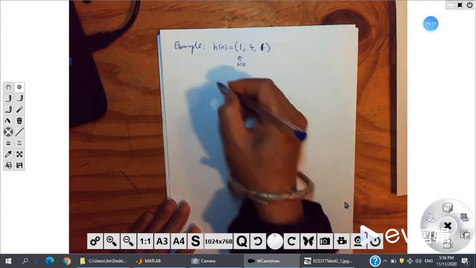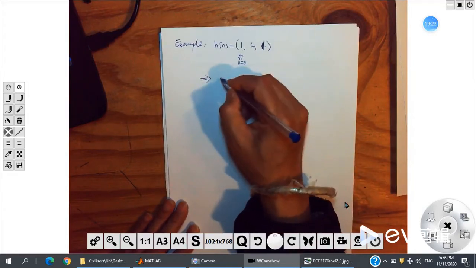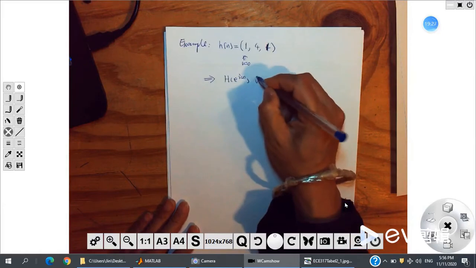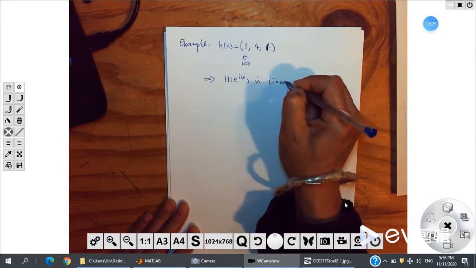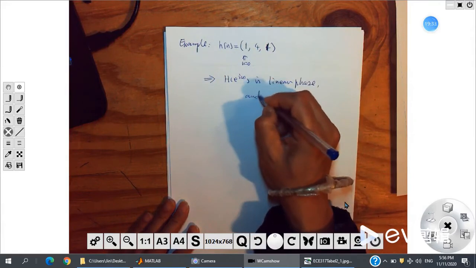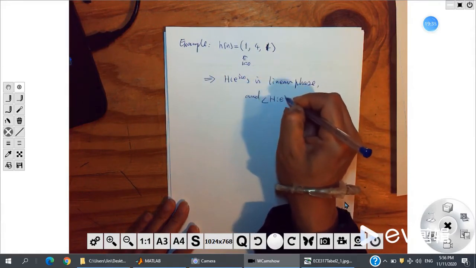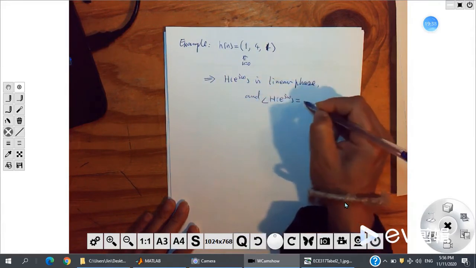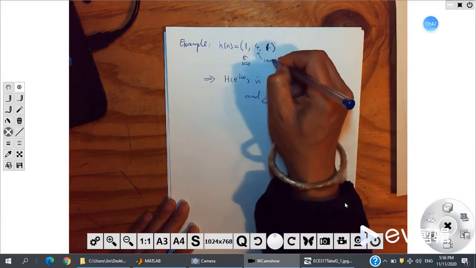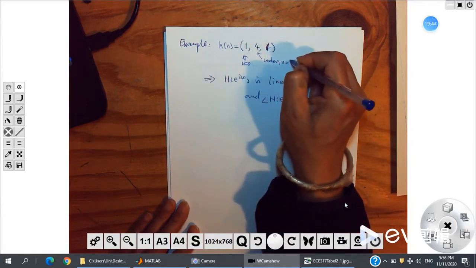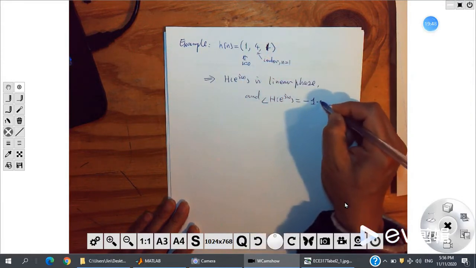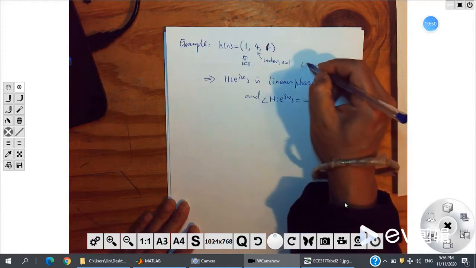Then I can say H(e^jω) is linear phase, and its angle will equal to negative... Okay, this is the center, right? Center here. Center n equal to 1. So this is just 1 times omega. Alpha equal to 1.